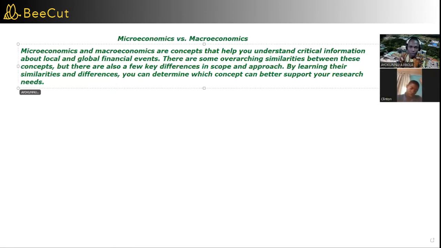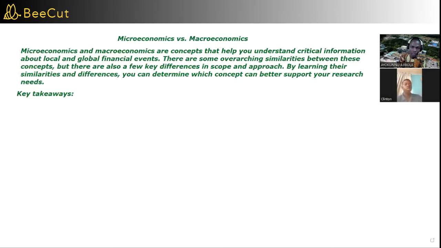So we're going to be looking at some key words, key takeaways from the two, micro and macroeconomics, and their opposites. I'm going to be giving you that one by one.